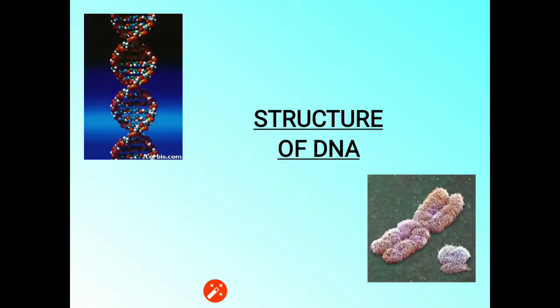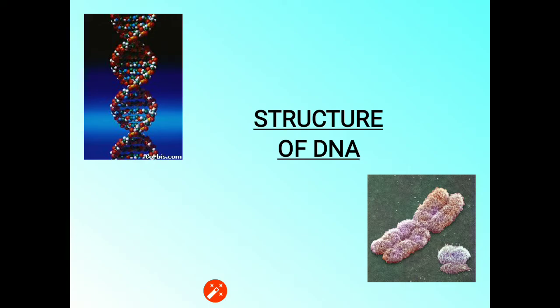Here, the first image is showing the double helical structure of DNA. The two strands are anti-parallel and complementary in nature and held together with the help of hydrogen bonds. In the second image, we are able to see the structure of chromosome. The chromosomes are made up of DNA.